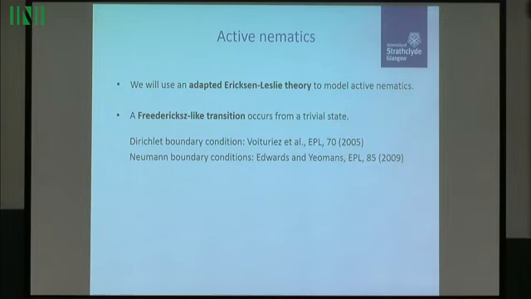It's exactly the same here. What can happen is we start out with all our organisms pointing in one direction, and if we tweak the activity, we start them swimming faster and faster, they can suddenly reorient. Okay, so I would call that a Friedrichs-like transition. Some of that was found in these early papers. What we're going to do is look at this system, and actually what we find are different modes from these original papers.